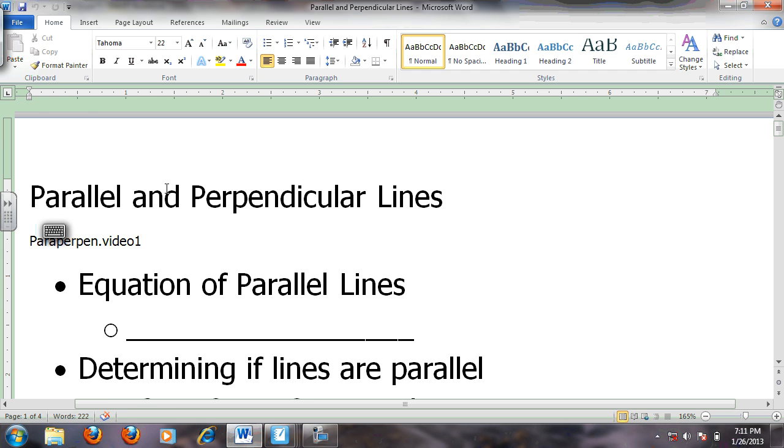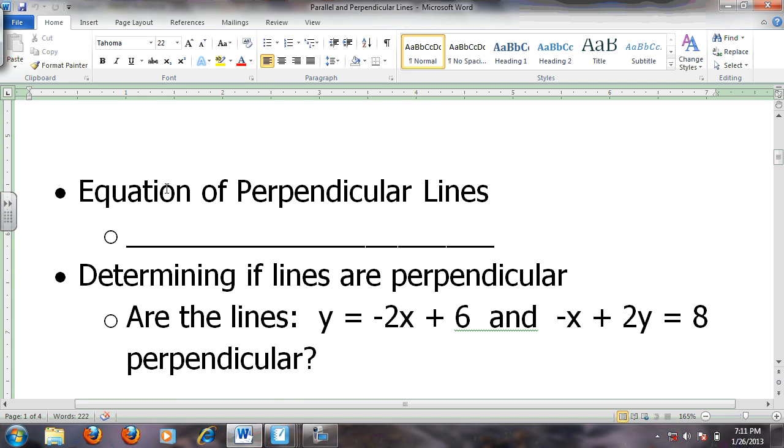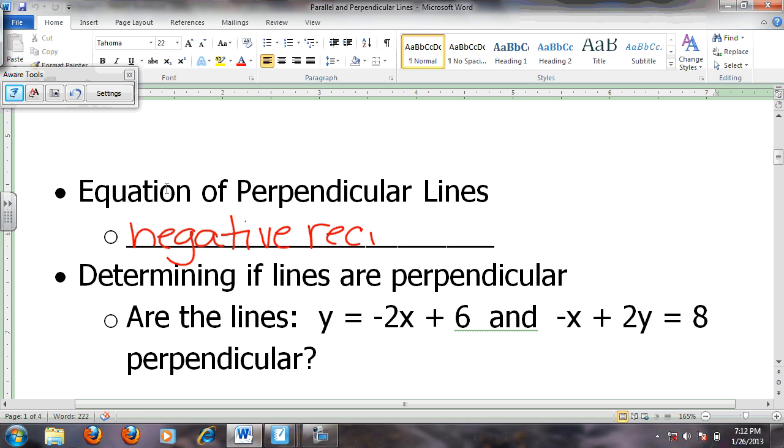Okay? Let's scroll down here to perpendicular lines. Negative reciprocal for slope.